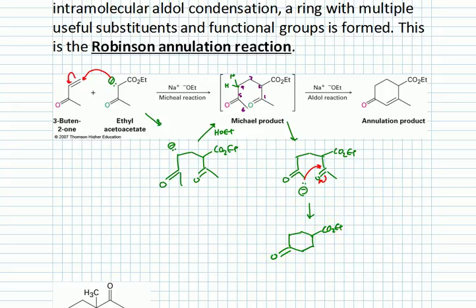CO2Et, where right here is the new carbon-carbon bond that we've formed. We'll have a couple things here on that carbon. We'll have an alkoxide. We'll have the methyl that was there originally. Okay, so the solvent will protonate that alkoxide.